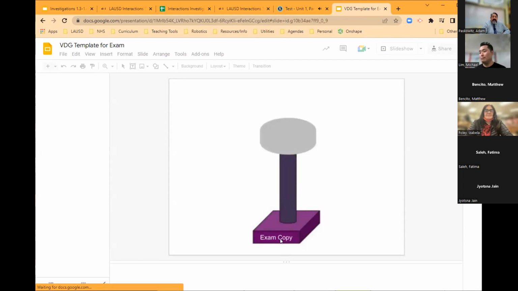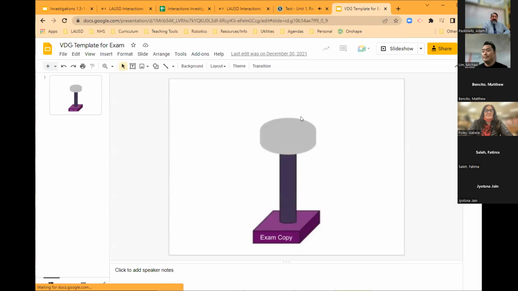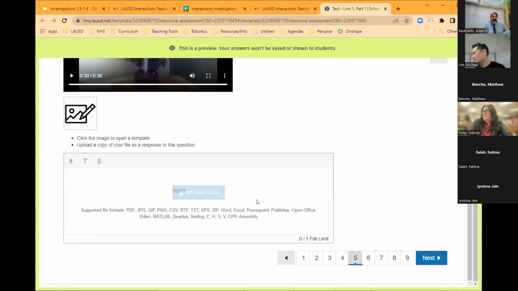Okay, so it opens this template for them. It says exam copy on it. So they can't just pull up their old Google Drawing that they did 2 weeks ago and turn that in and say, hey, I did it for the test. Right? So they can draw the model on here and then download and submit it. And so there is some modeling in there.